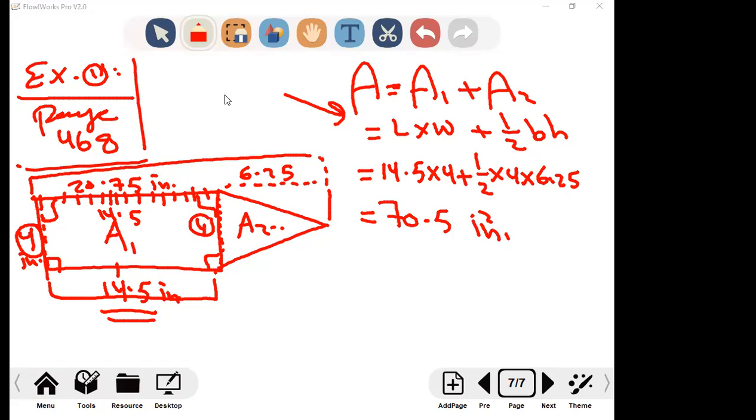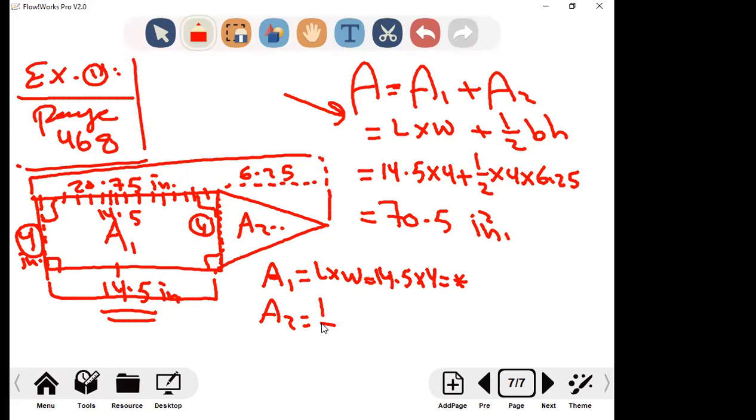Yeah, you can use A1 alone. You can find A1 alone, length by width, 14.5 times 4. It gives a number, right? Yes. And you can find A2, which is the area of the triangle.